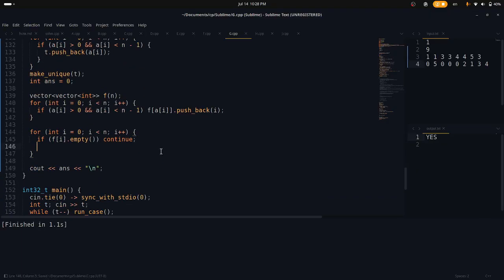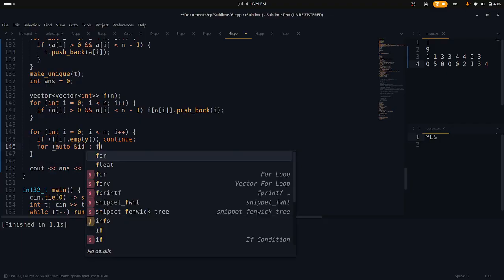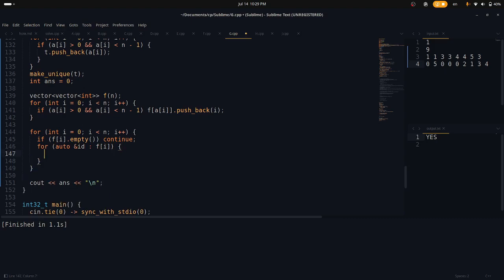Now which index to choose first? I think we can go in a consecutive way, like we can just go like this, id of f of I, right? The value is I. The value is from 1 to n minus 1. So what are the ranges?